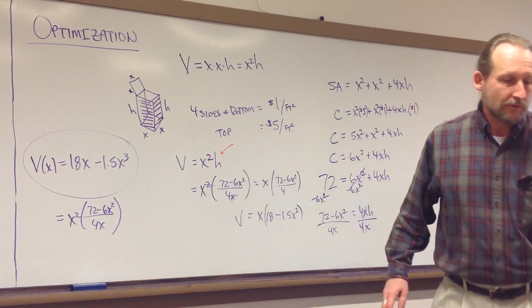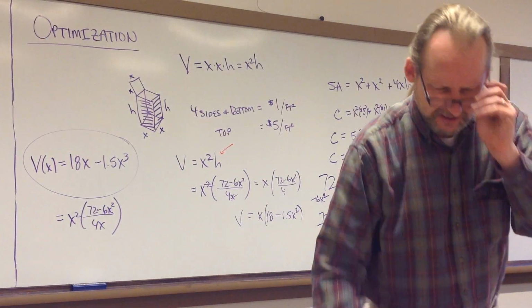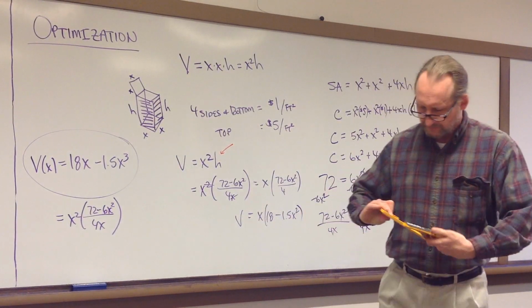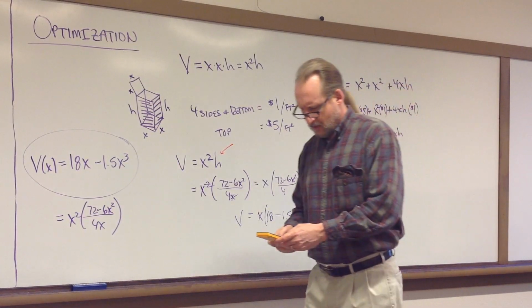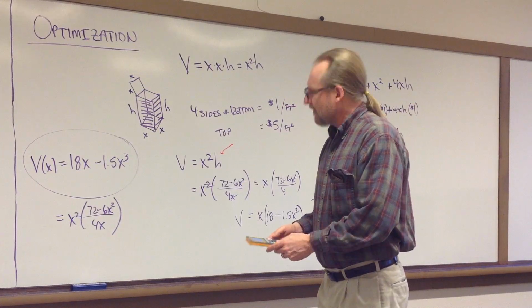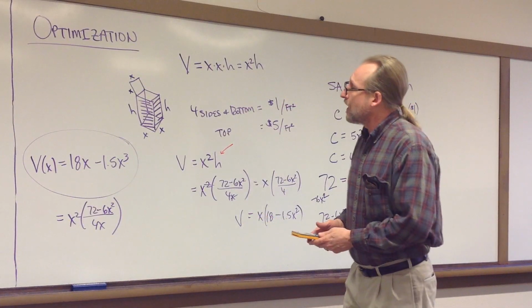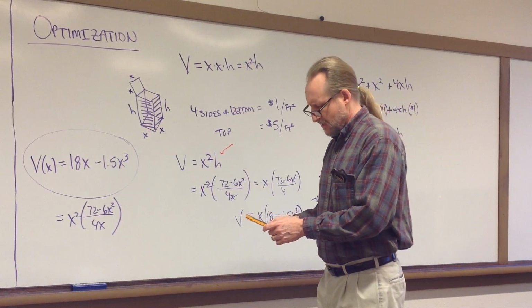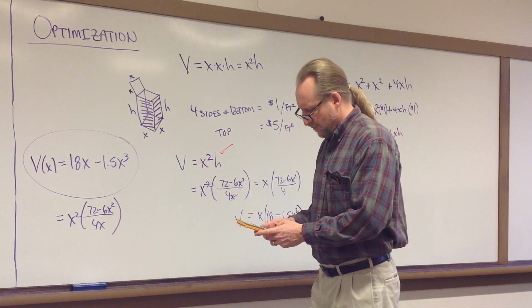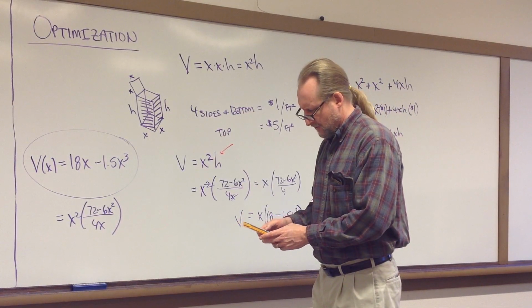Okay, so let's go ahead and graph this, and then we'll see what it looks like. Now in graphing these, the standard window generally is not going to give us the view that we want to see. So let's see here: 18x minus 1.5x to the third.